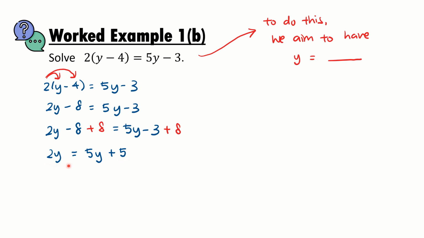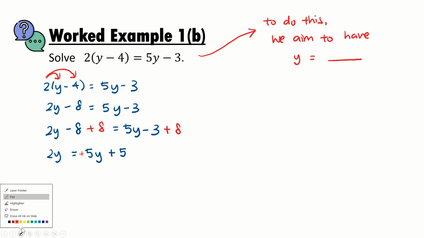Now that we have 2y equals 5y plus 5, keeping in mind that we want to achieve this aim over here, that means that I need to remove the 5y that we have on the right side of the equation. We see that this 5y refers to a positive 5y. So if I may, let me use my pen here just to include this positive idea.